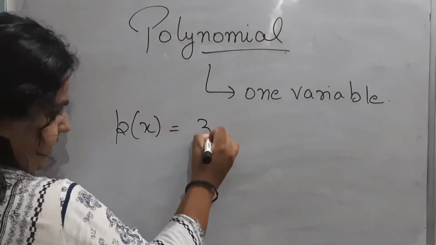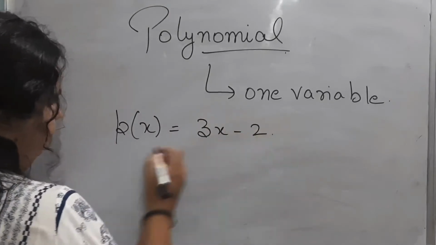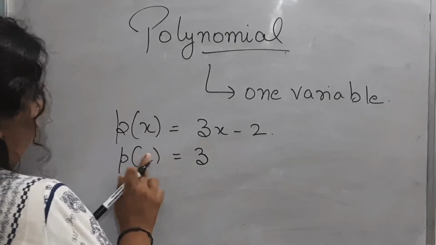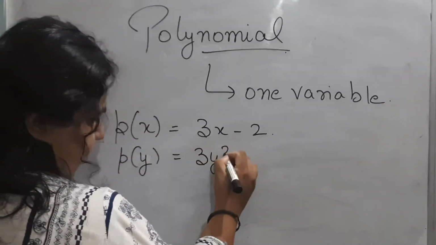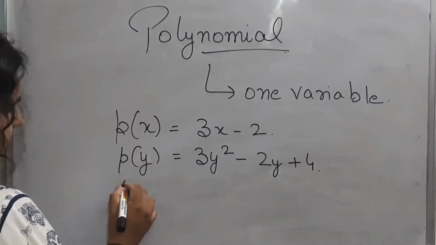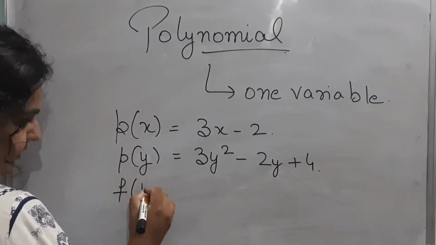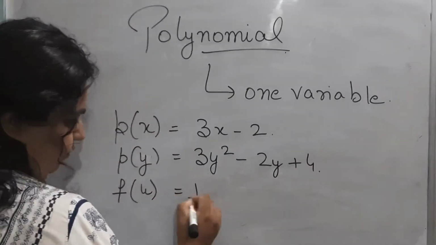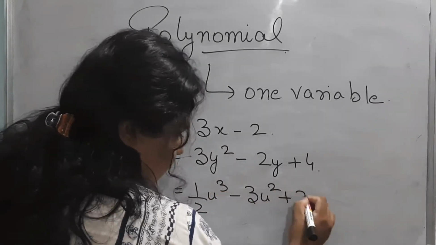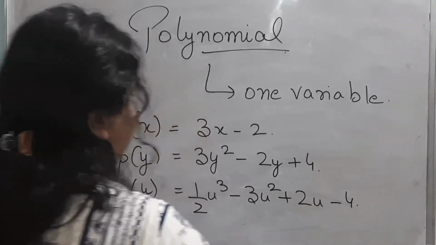Let's take p(x) equals 3x minus 2, 3y square minus 2y plus 4, and f(u) equals 1 by 2 u cube minus 3u square plus 2u minus 4.